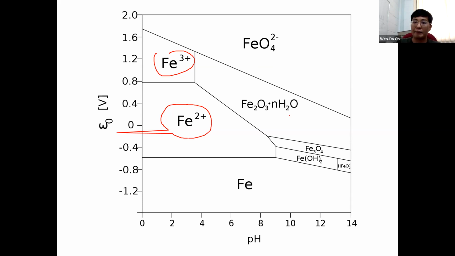Under anaerobic condition, right? So if you look at this diagram, this is for iron and oxygen. You can say that this is just for iron only. If you want to add in things like, let's say we are using Hg, mercury, you can add in the metal, for example Hg, and then you have Me as one of the species, right?